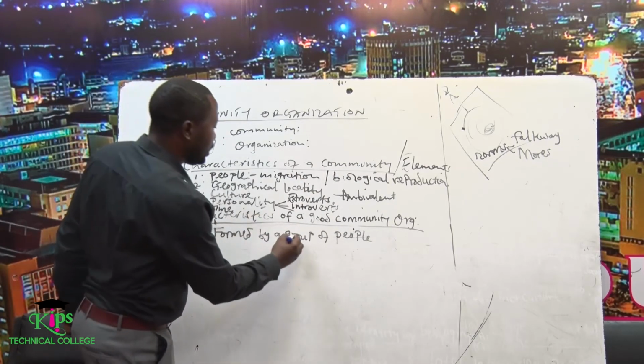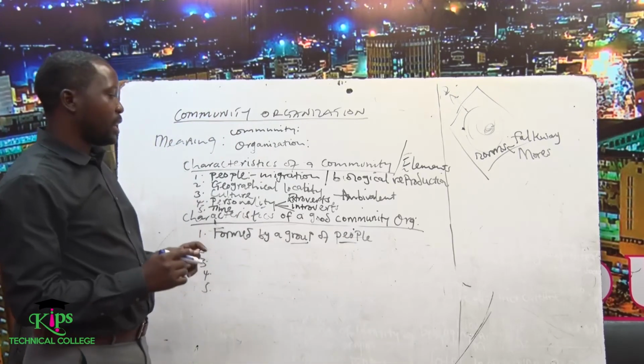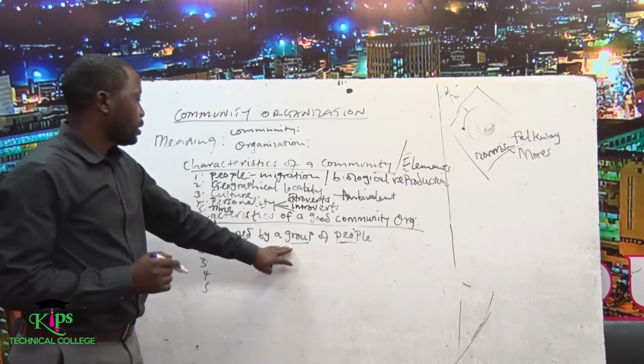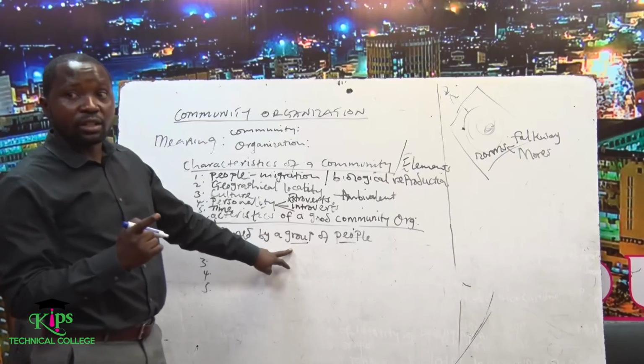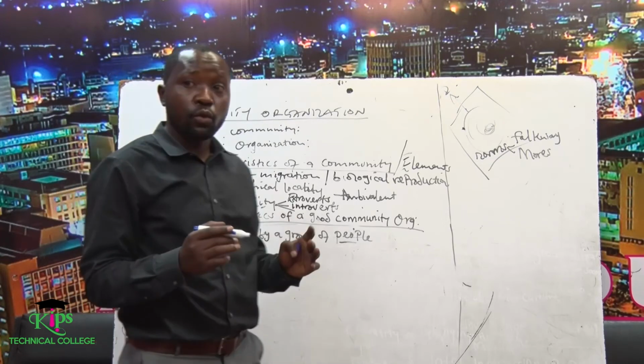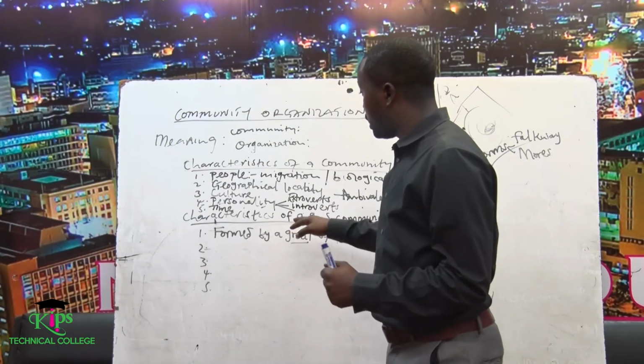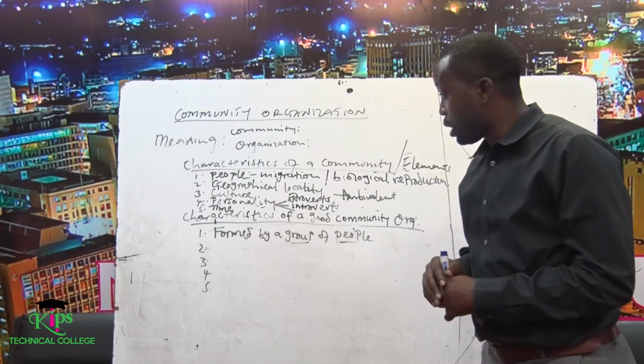So the key word here is a group and also a people. So these are members from the community, and this means that one person cannot constitute an organization. An organization exists when we have plurality of persons. So that is one of the key characteristics of a good community organization.